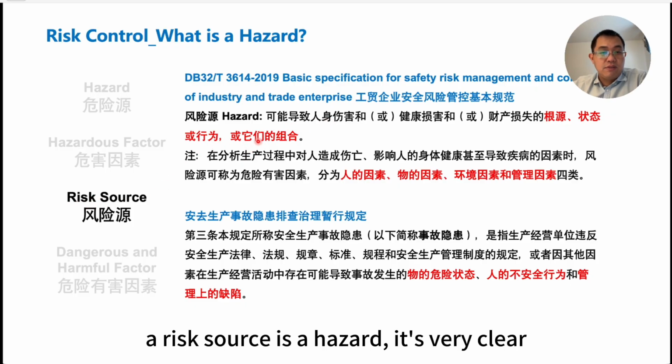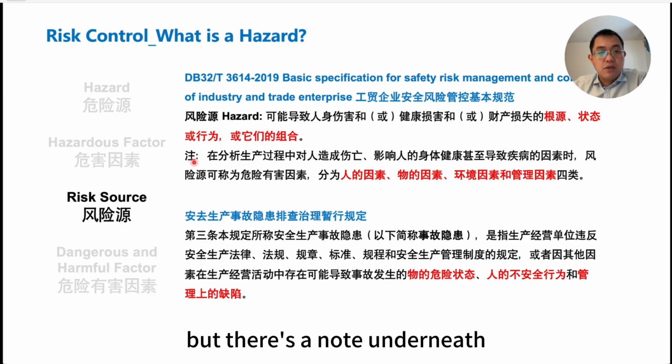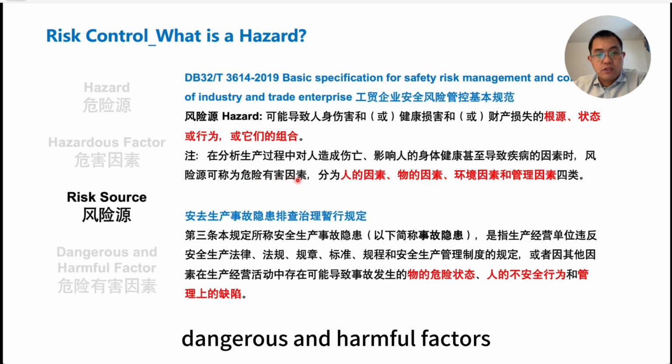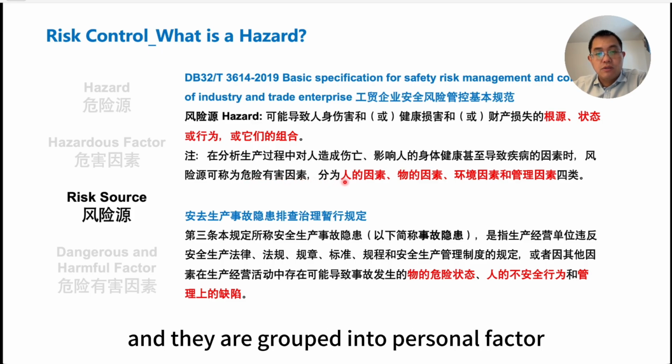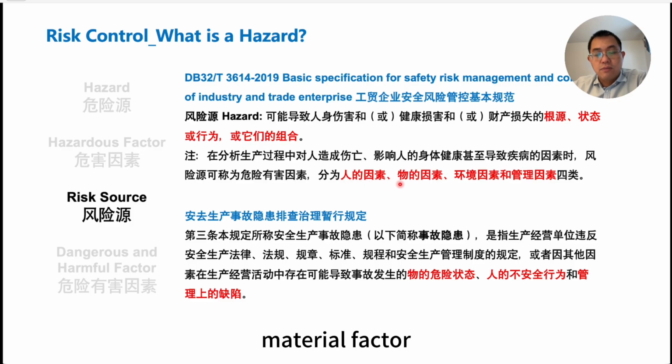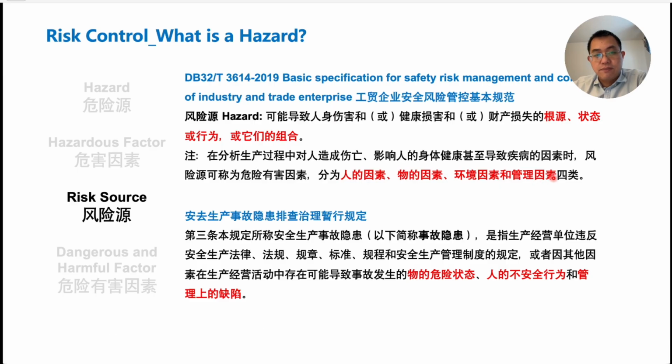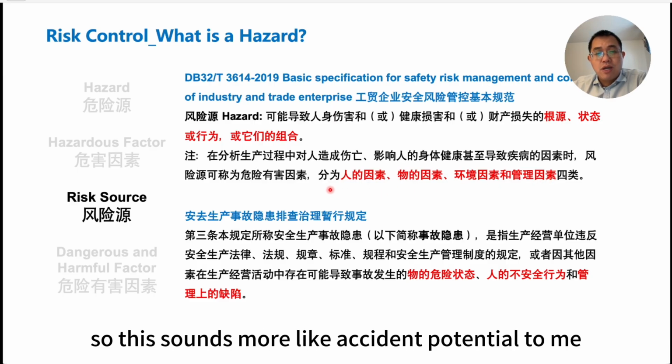It's very clear, but there's a note underneath which really throws me off. It says in some cases, risk source can also be called dangerous and harmful factors, and they are grouped into personal factor, material factor, environmental factor, and management factor. So this sounds more like accident potential to me.